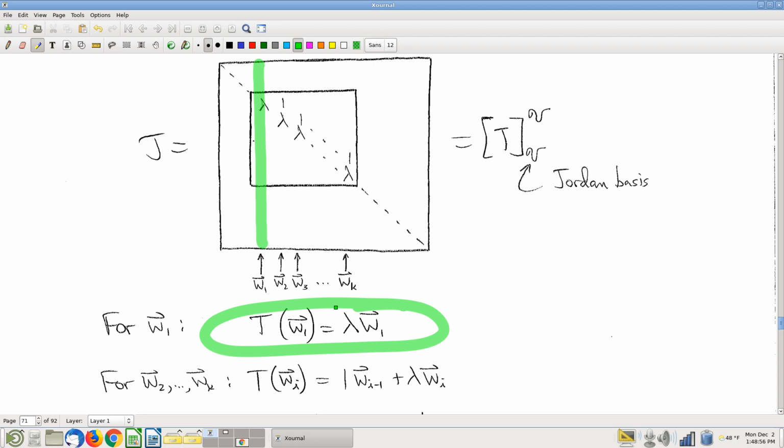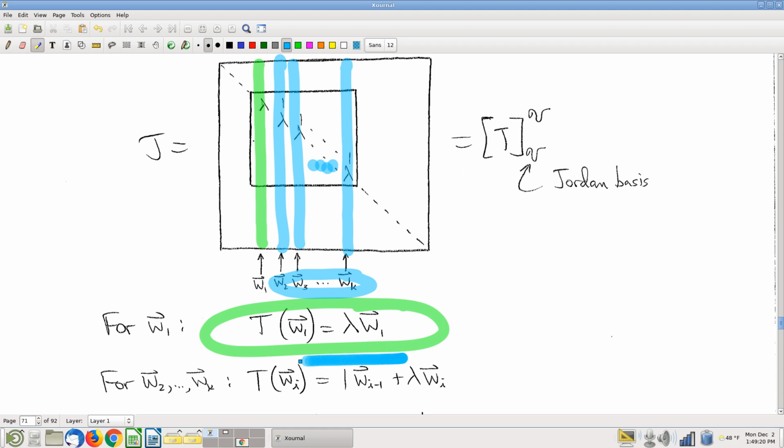Lambda in the diagonal position just means that it's lambda times that corresponding vector in the basis, namely W1. What about the rest of these columns? Well, the rest of these columns are telling me about the images of the rest of these vectors, W2 through Wk.